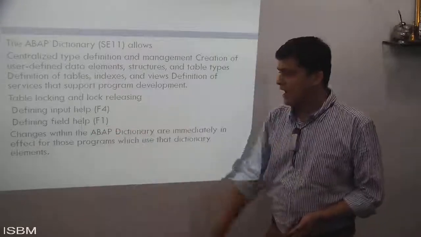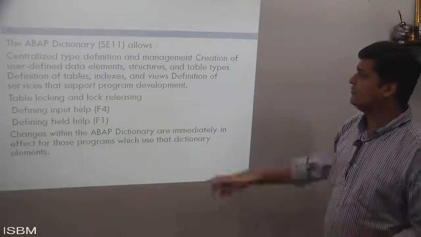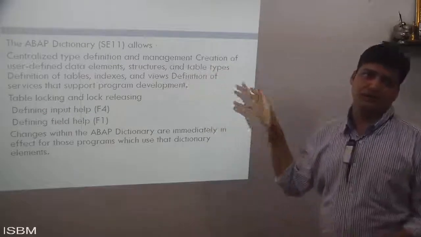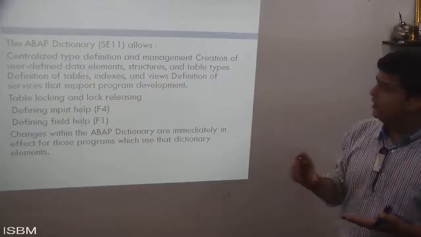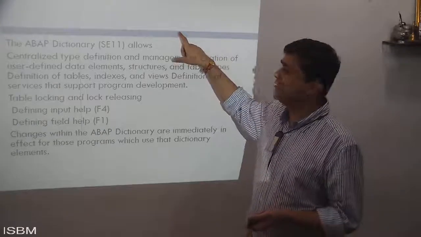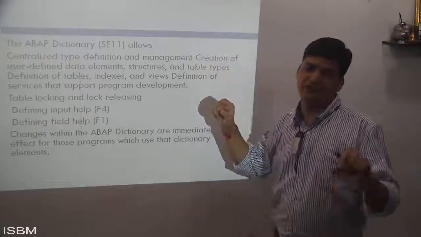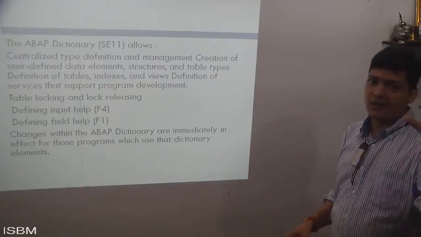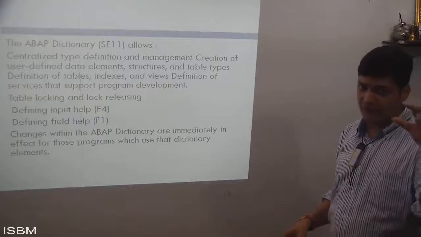Then the same field has one more help. If you want to know what field or table has been used for that particular company code, you go over there and press F1, and a pop-up will come which shows you the field for the company code.